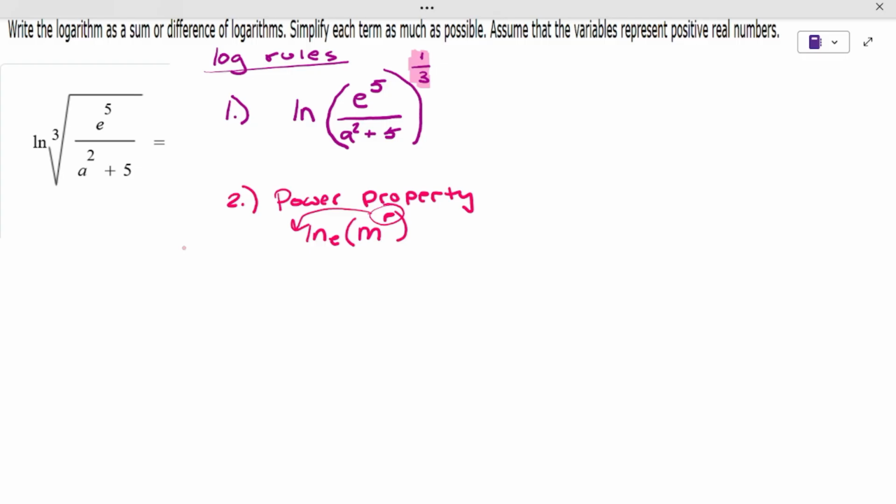The exponent inside a log becomes a multiplier out front.